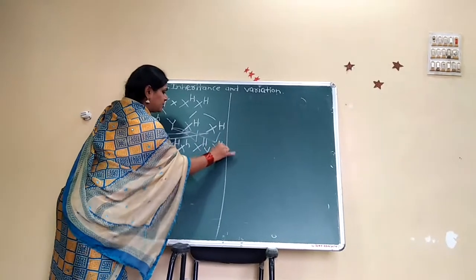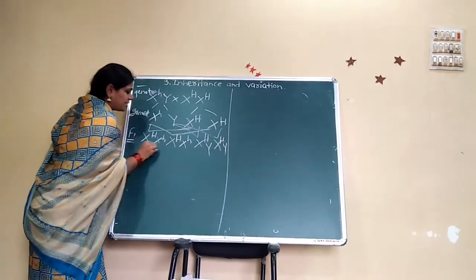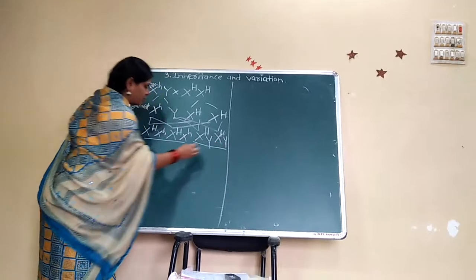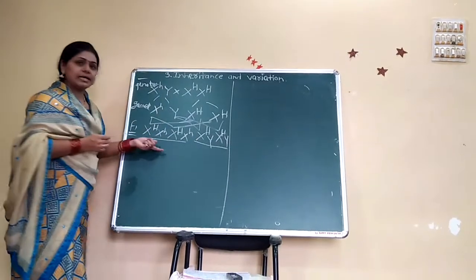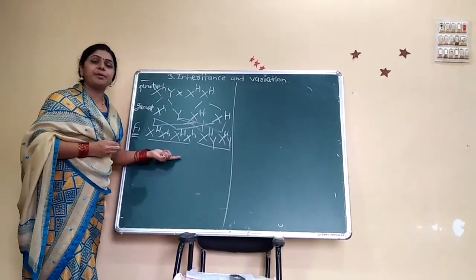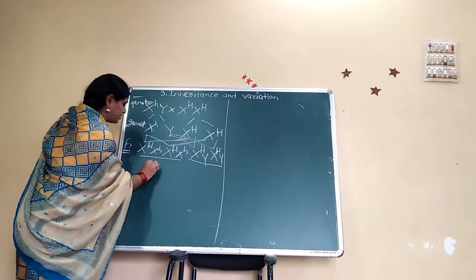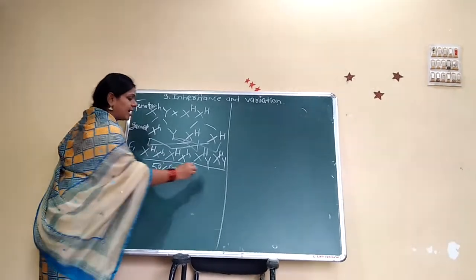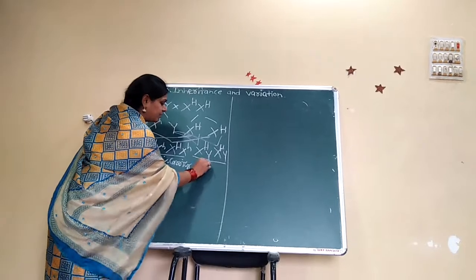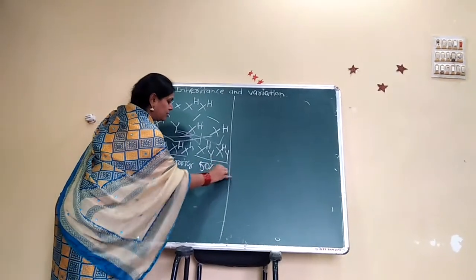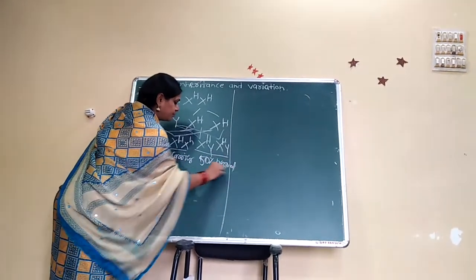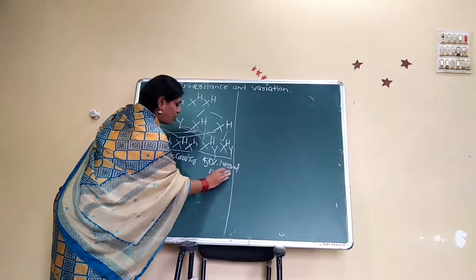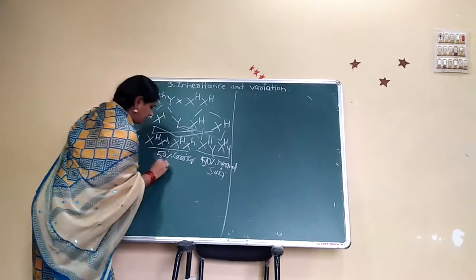X capital H, Y here. These two are the carrier females, that is the 50% carrier daughters. And this is the 50% normal male, or the son, and the daughter.